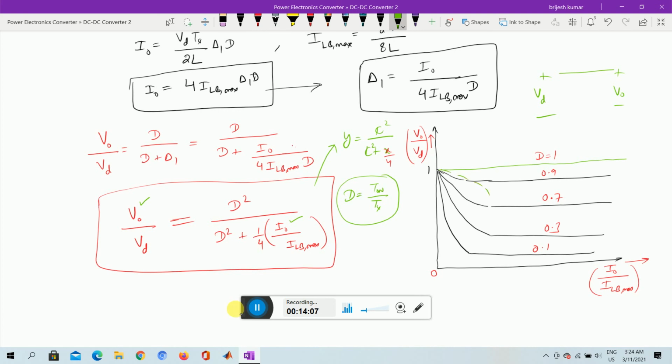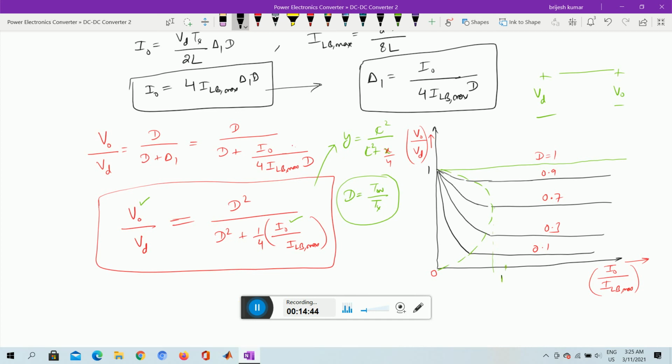The dotted line means a range in which this is the current I0. If the load is more, obviously the current is continuous, and you get a value of V0 by Vd nearly constant. In case of discontinuity, suppose at this particular point for d equal to 0.7, up beyond this value of I0, let us say the higher range is nearly 1.0.